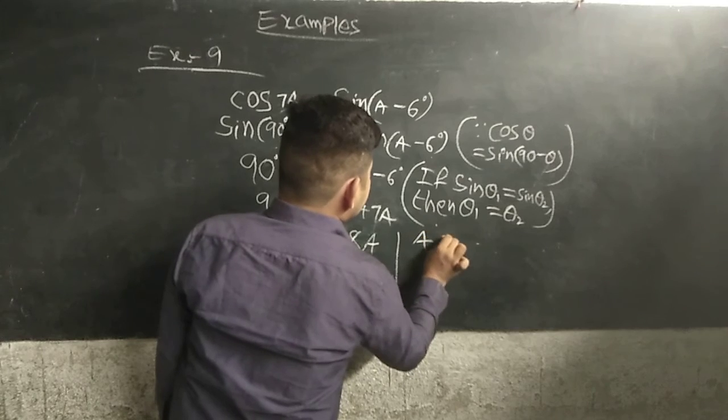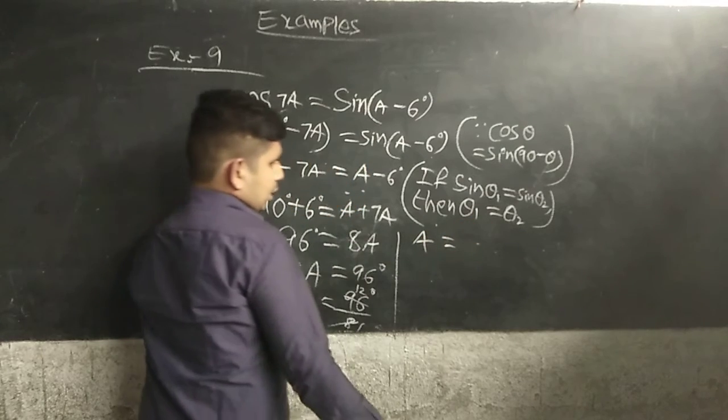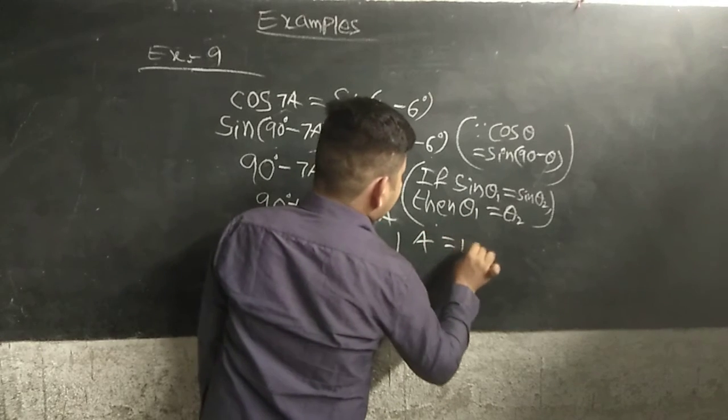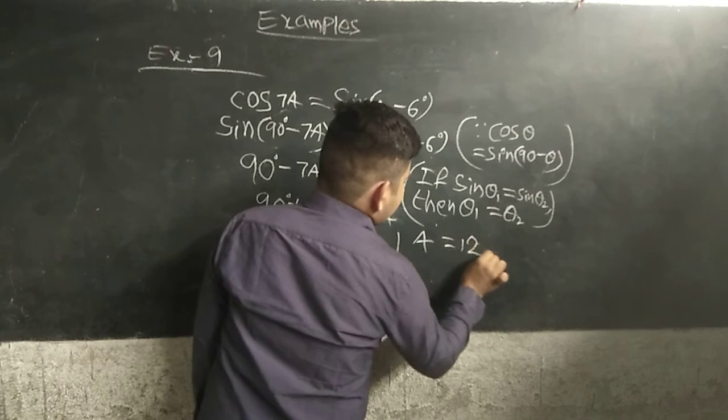So A equal to 12 degrees. That is the value of A.